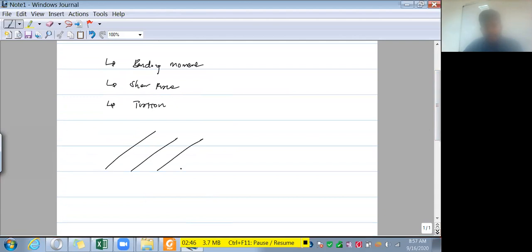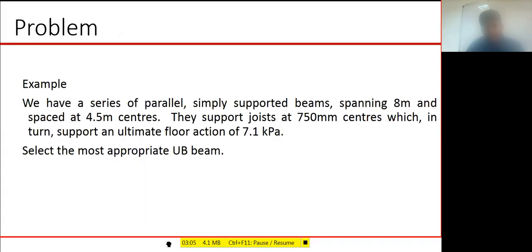So now in this example we have parallelly spaced beams, and the distance is 4.5 meters. And on top of that, there are joists. It says you have joists at 750 millimeter centers.